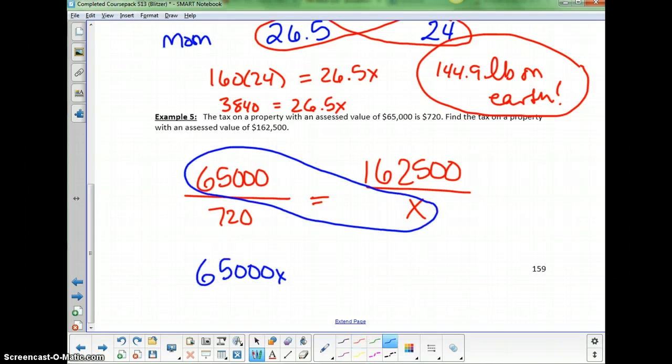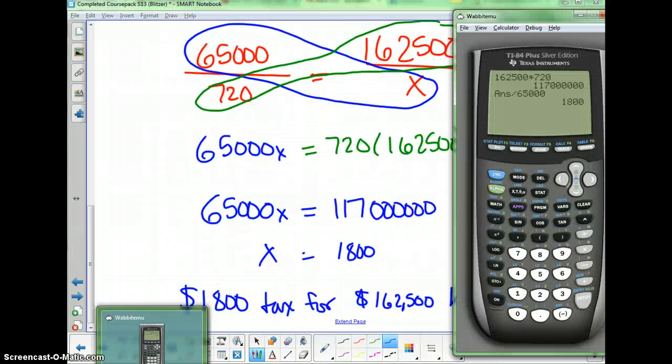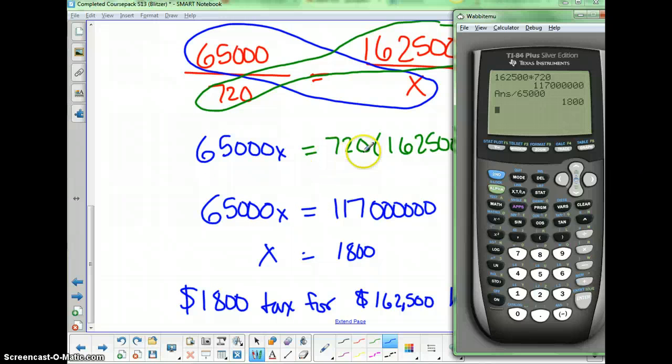So 65,000x equals 720 times 162,500. So if we multiply those together, we get 117 million divided by 65,000, we get 1,800. So it's $1,800 for the house that cost $162,500.